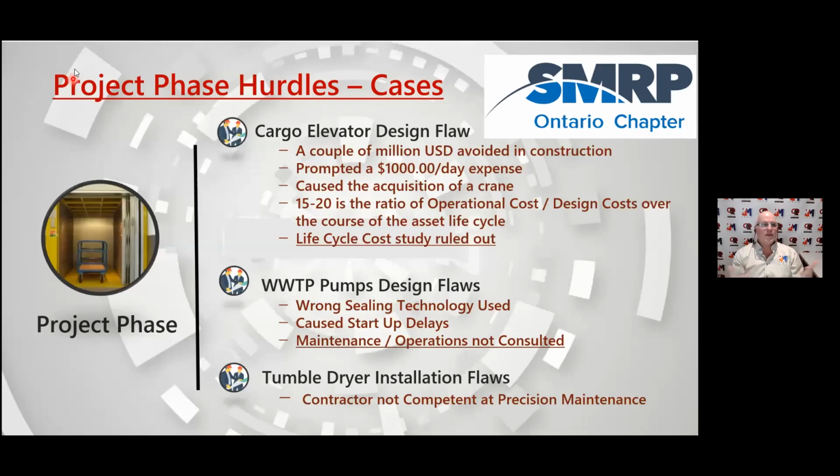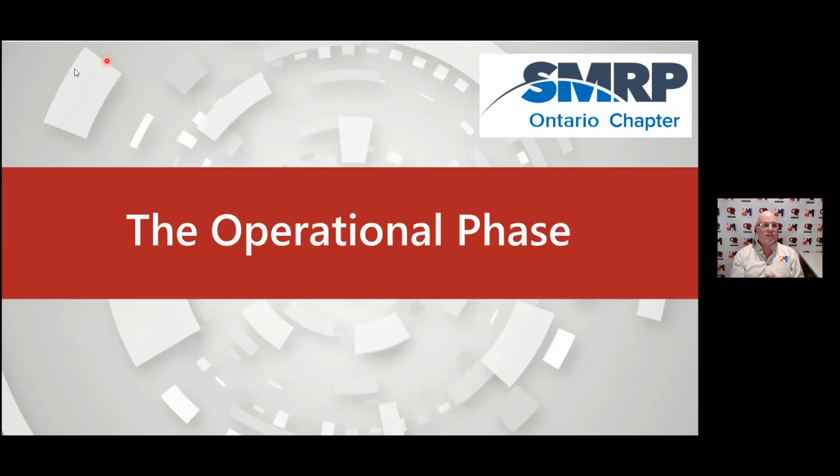The backlashes needed to be adjusted adequately, and the contractor didn't know how to do it, and maintenance ended up doing the job, moving resources to avoid further delays. These are some of the hurdles we have experienced over the years that could have been avoided if during the project phase we had done things differently, by the book, by the guides, and with all of these analyses done. So let's go to the operational phase.